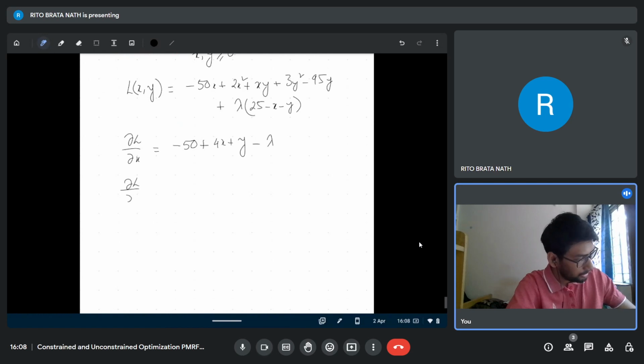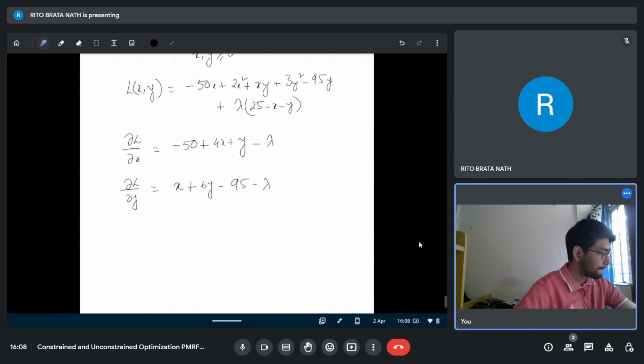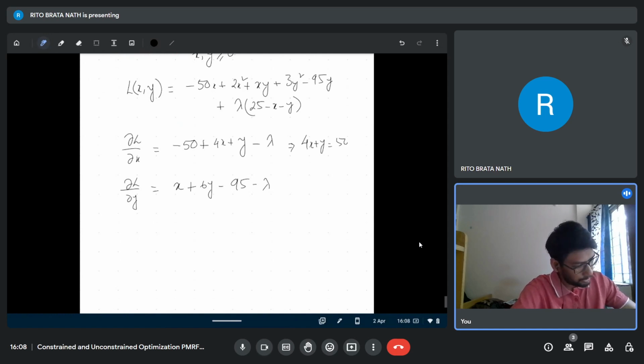Del L by del y is x plus 6y minus 95 minus lambda. This gives me 4x plus y equals 50 plus lambda, and x plus 6y equals 95 plus lambda.